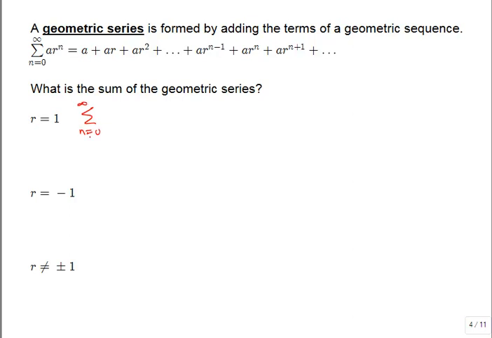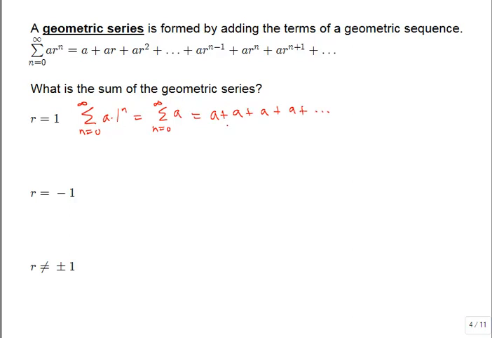If we have the sum from 0 to infinity and our r is just 1, then this becomes a times 1 to the n. And 1 to the n is just 1, and 1 times a is a. So this is just the sum of a from 0 to infinity, which if you were to expand that out, each term is just a, and we're adding that all up.